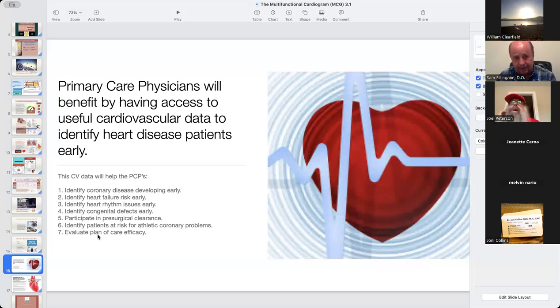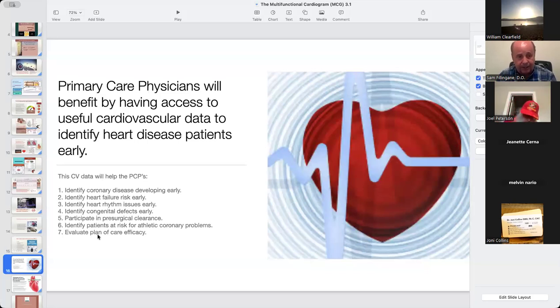Congenital heart defects. This machine has taught me a lot about congenital heart defects because there's quite a few people running around with congenital heart defects that have no knowledge of this issue. This device is incredibly good at picking up the defects. Some of the defects are not dangerous and some of them are dangerous.